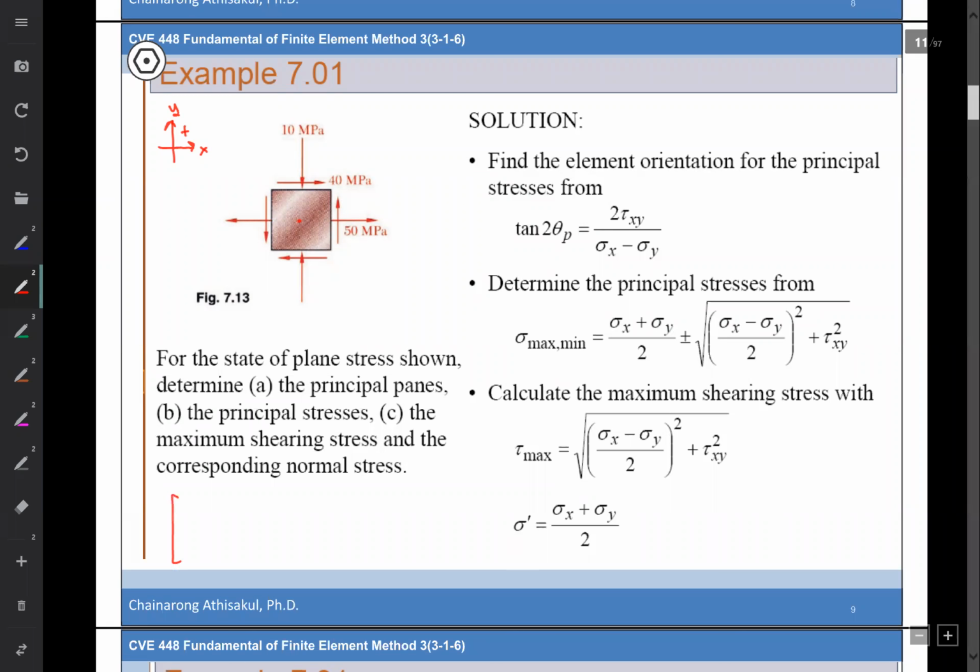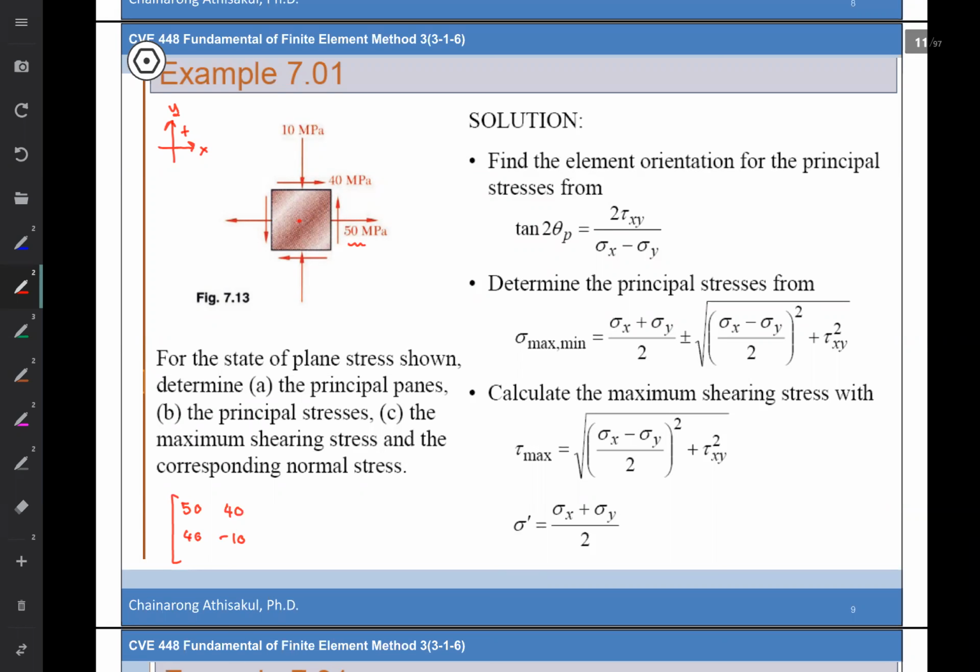We have sigma x that is 50 megapascal, that is positive, right? And sigma xy that is 40. And sigma y is compression, so it is negative, minus 10.